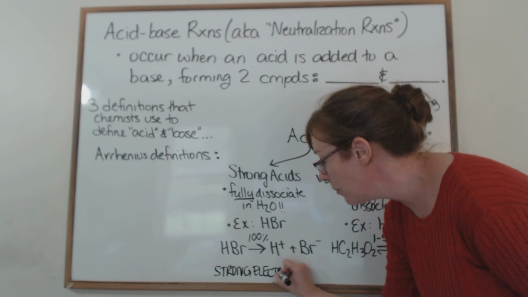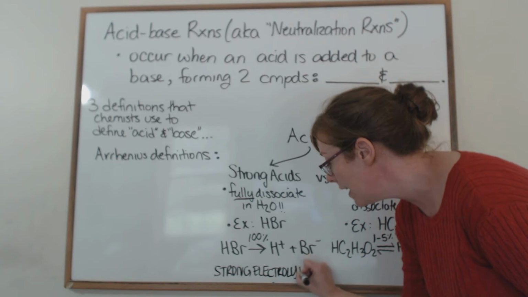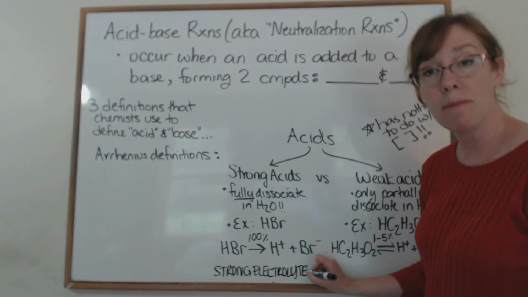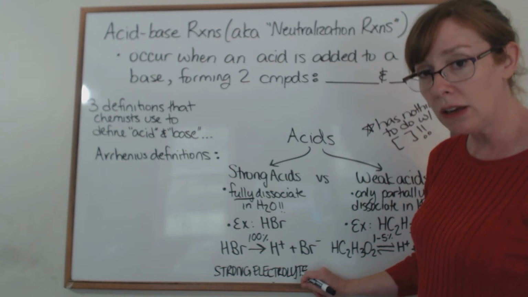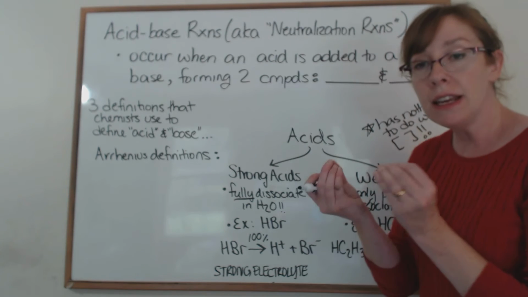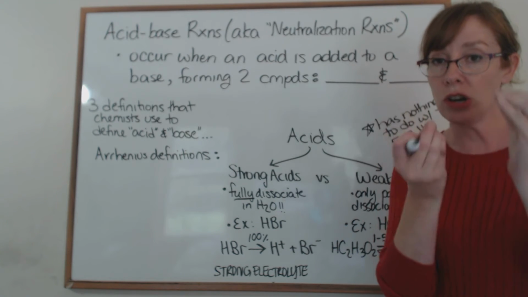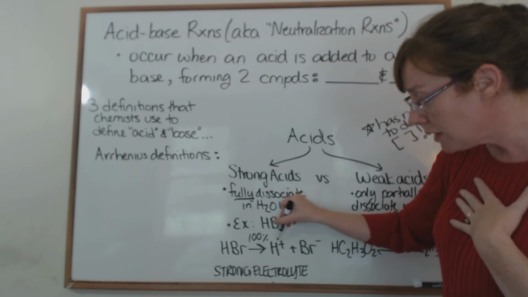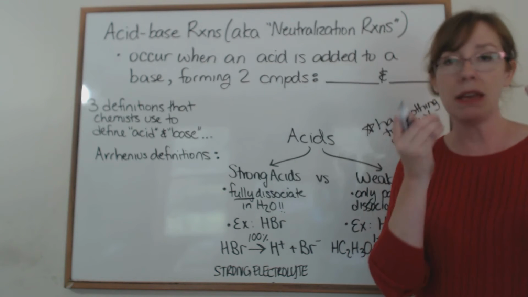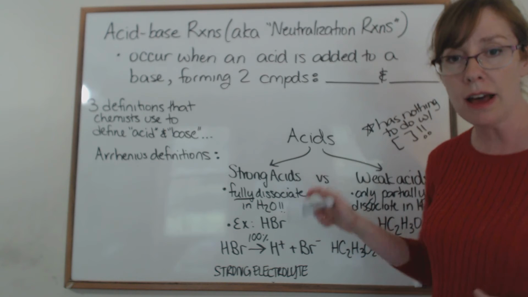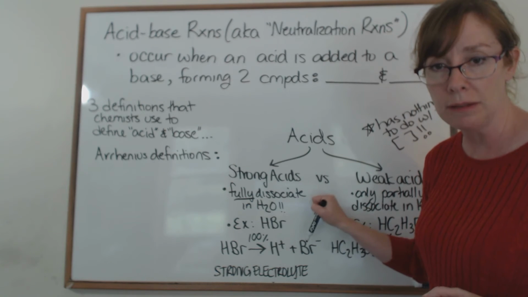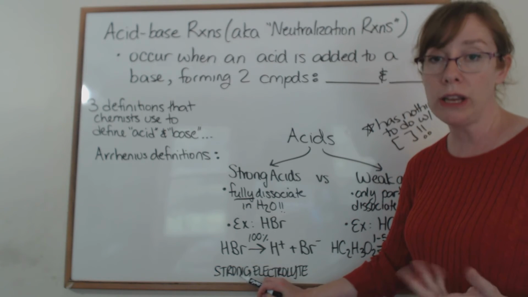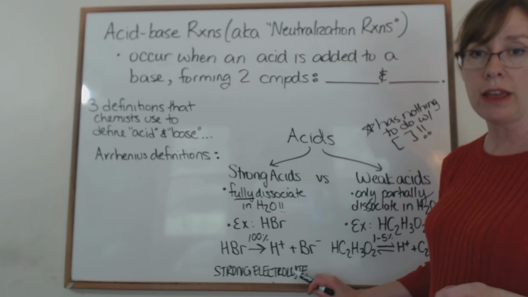In the conductivity lab, we talked about what an electrolyte is. It's basically a compound that will conduct electricity when you put it in water. And the reason it conducts electricity is because it has free charged particles or ions. So this one's going to give you a bunch of them. It's going to be a great electrolyte, lots of ions to conduct electricity. That's why we not only call it an electrolyte, but a strong electrolyte.